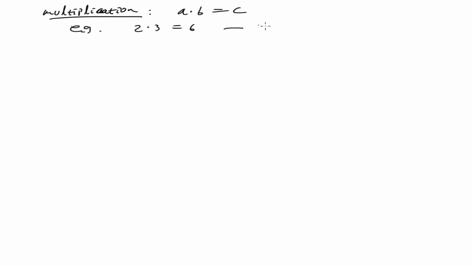And the question now is, I want to undo the multiply by 3. So what, of course, you do is you divide by 3. So of course, if I have 6 and I divide by 3, I get back out 2.